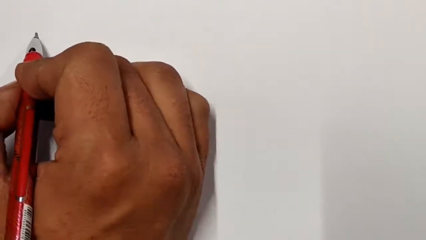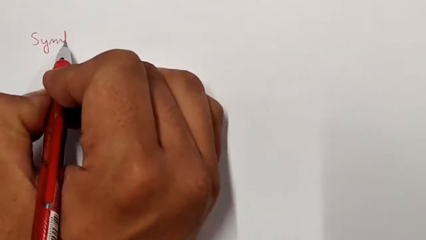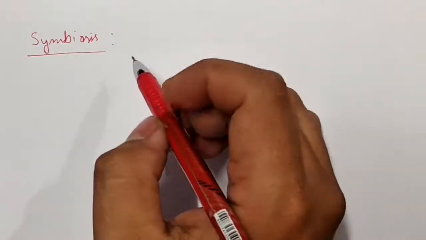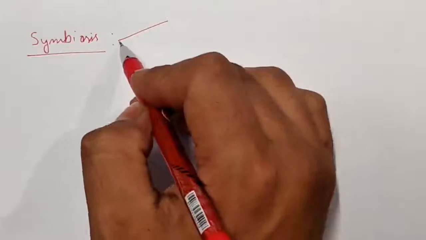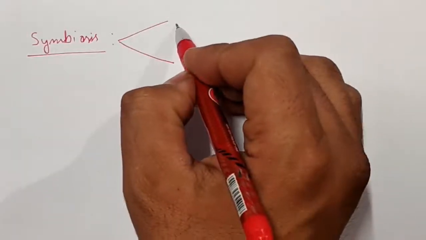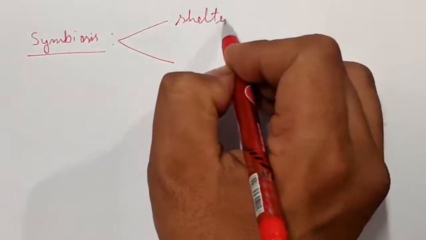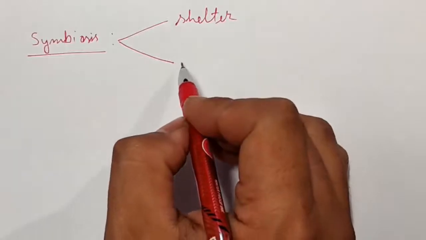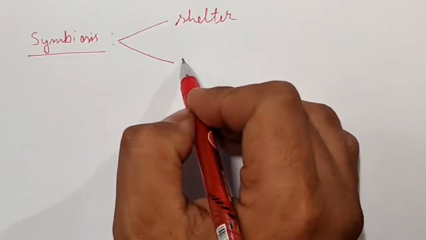And then the next term that we are going to study is symbiosis. Let's see what symbiosis is. In symbiosis, there are some organisms which provide shelter, and there are some organisms which produce nutrients.